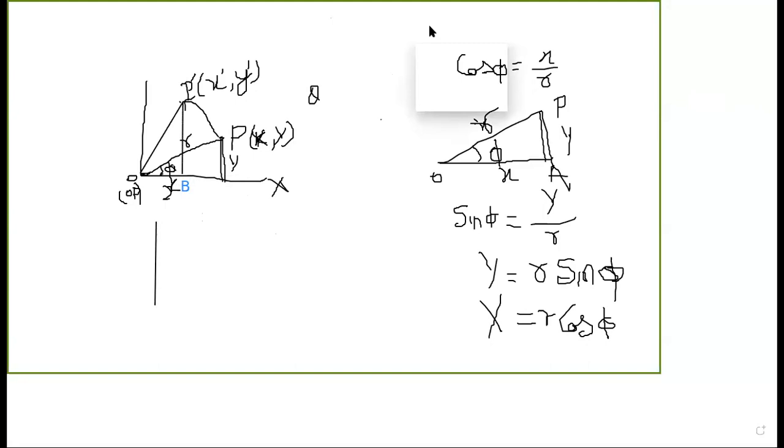Okay. So now in this situation you have this x and y. And now the situation of this point P is what?